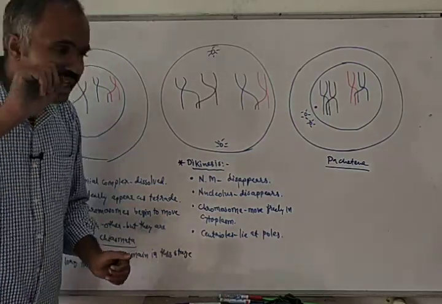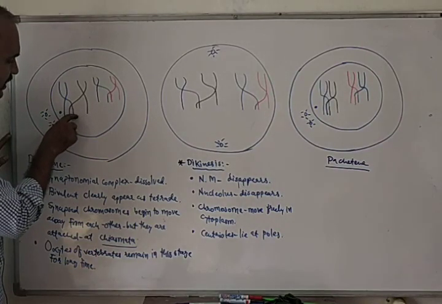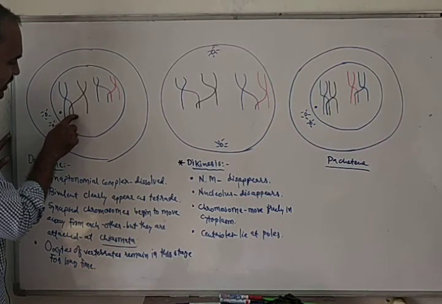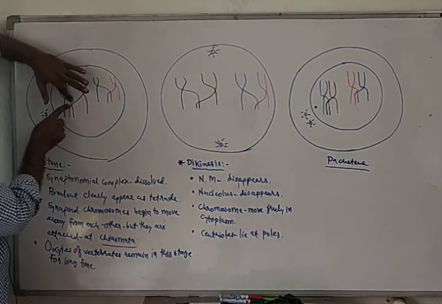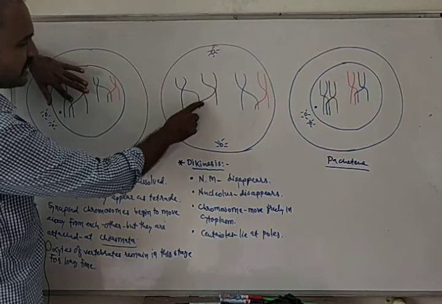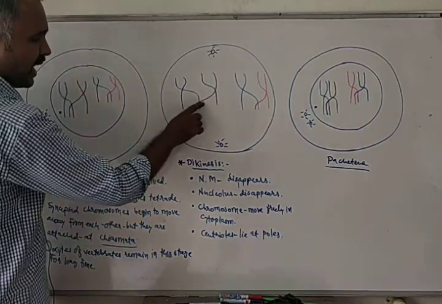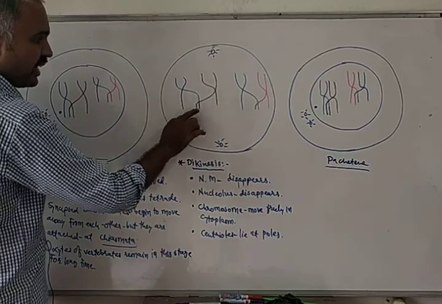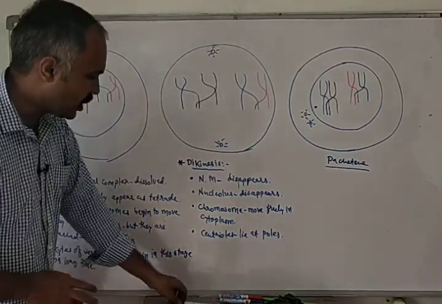And one more change is that the chiasmata is reaching towards the end. Please watch here, that here chiasmata was present at this point, but now the chiasmata is present at the lower side. So the chiasmata is moving to the end, so it is known as terminalization of the chiasmata.